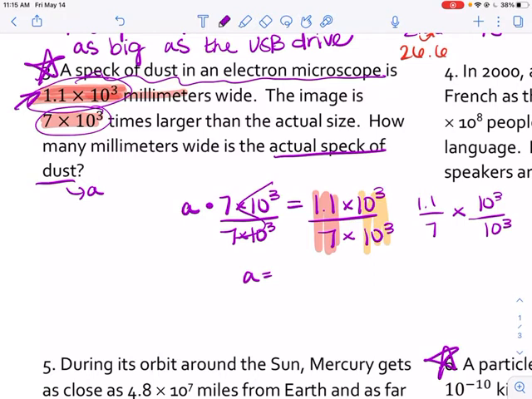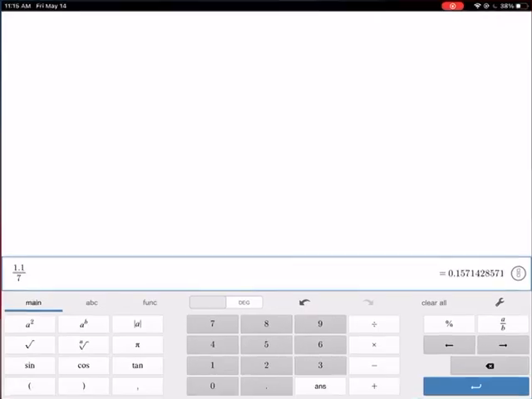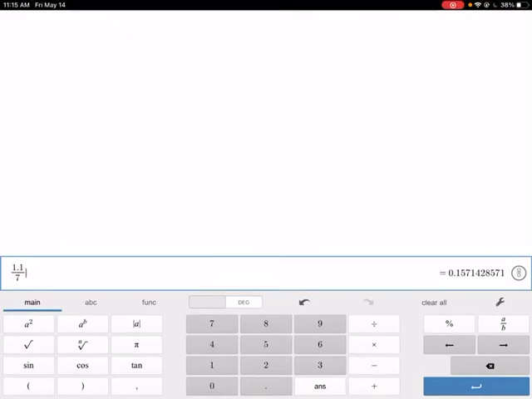I usually don't, because it's like an extra step, but you can write it that way to help you remember that you should multiply those numbers together at the end. So let's figure out what 1.1 divided by 7 equals. Oh, I already had it in my calculator, 0.157. So I'm going to go ahead and write that over here.